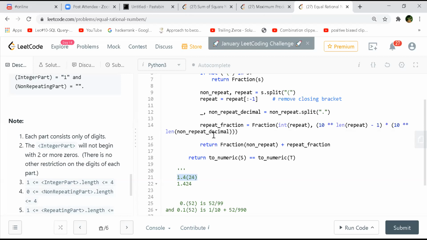It might be internally doing that, because you're adding it on line 16. So the non-repeat part in the case of 1.4, it will just pass that as 14 by 10, right? That might be stored in the object, and then when you are passing the repeat fraction, whatever numerator and denominator you are giving will be added to it. Yeah, makes sense.